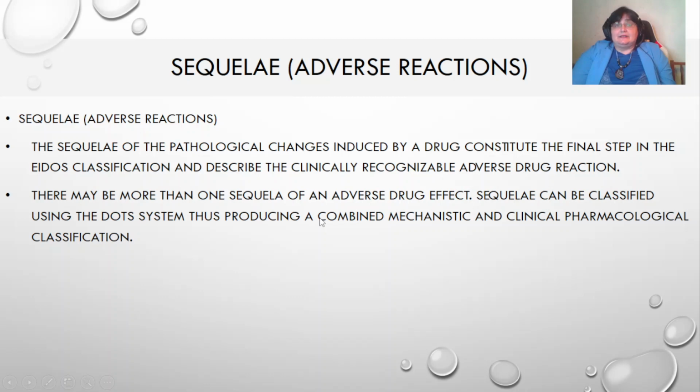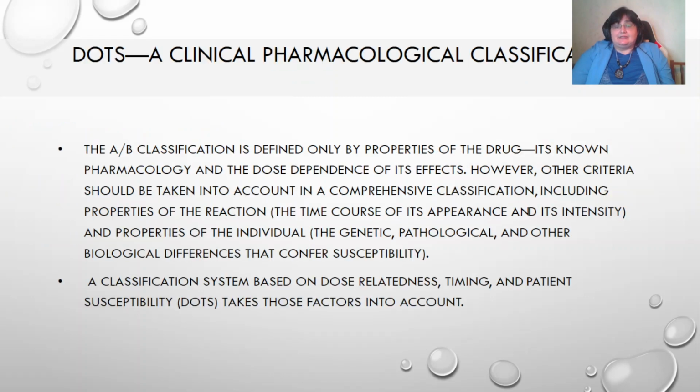Adverse reaction sequelae of the pathological changes induced by a drug is the final step in the EIDOS classification, and describes the clinically recognizable adverse drug reaction. There may be more than one sequela of an adverse drug effect. Sequelae can be classified using the DoTS system, a combined mechanistic and clinical pharmacological classification.